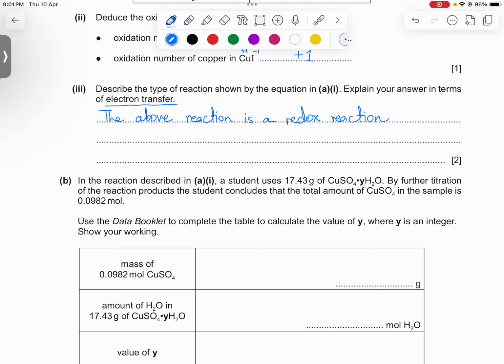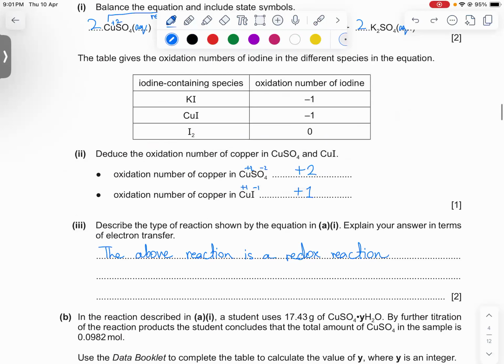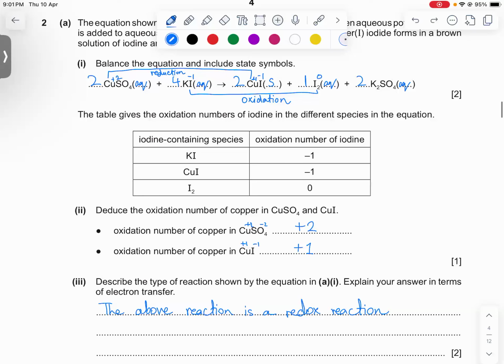In terms of electron transfer, we have to use the words that something has gained electrons and something has lost electrons. If it's said in terms of oxidation state, we would say something's oxidation state has increased and other thing's oxidation state has decreased. But because it has mentioned that we have to talk about electron transfer, we are going to say the species which is reduced has gained electrons.